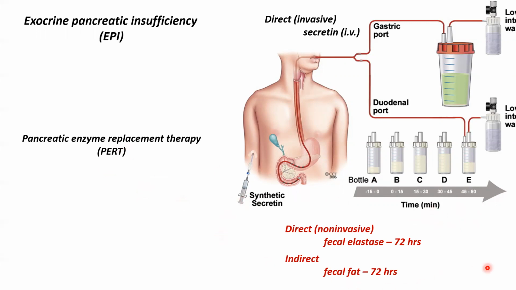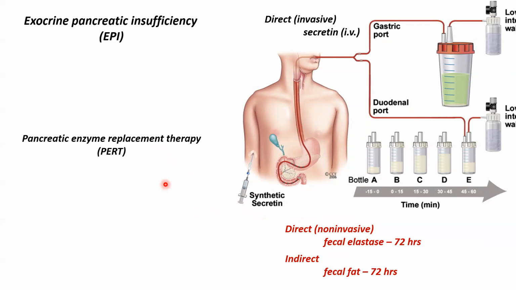But now they have non-invasive tests. Direct means they're actually measuring something, right? Here they're injecting secretin, so it's kind of direct, but it's invasive. Here is indirect, they're measuring the actual enzyme being secreted in the stool.